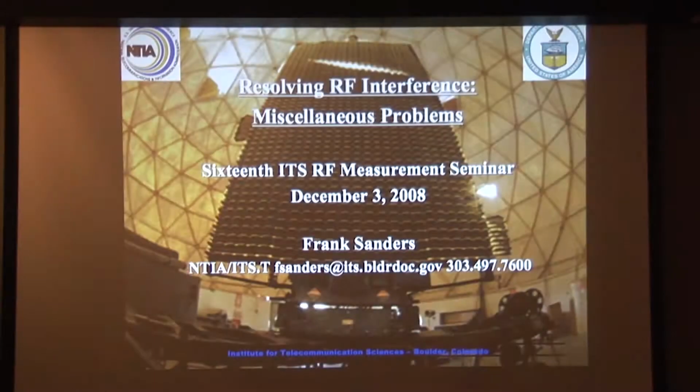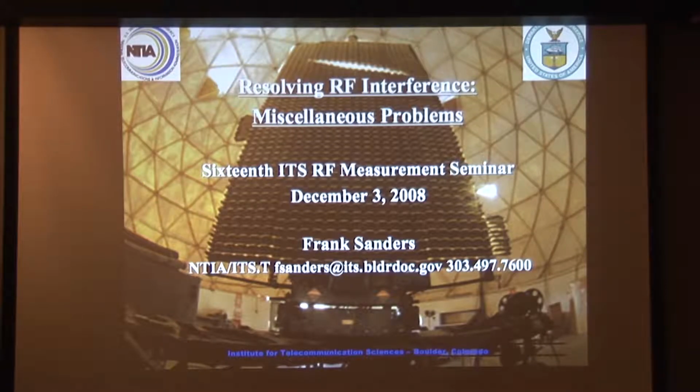Welcome to the 16th ITS RF Measurement Seminar. This talk today is about resolving RF interference with reference to miscellaneous problems, problems other than those that are generated by the mechanisms that we've looked at up until now.